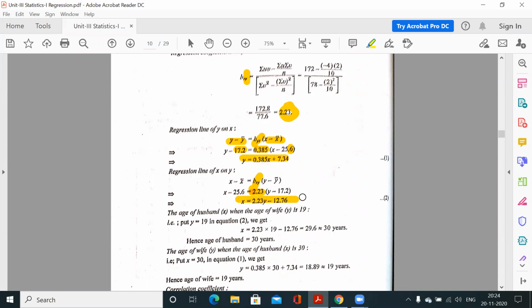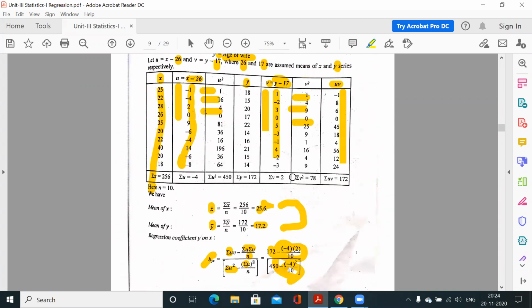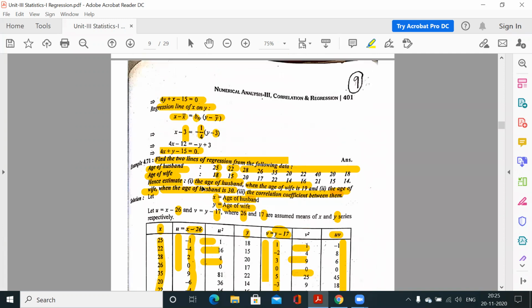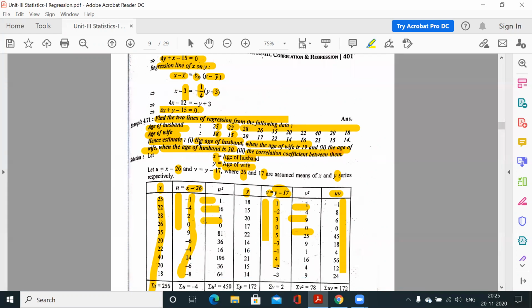Now one thing I have not told you yet is how to predict. Because we have two regression lines, which equation is to be used for estimation? Suppose this is the question where we have to predict the age of husband.